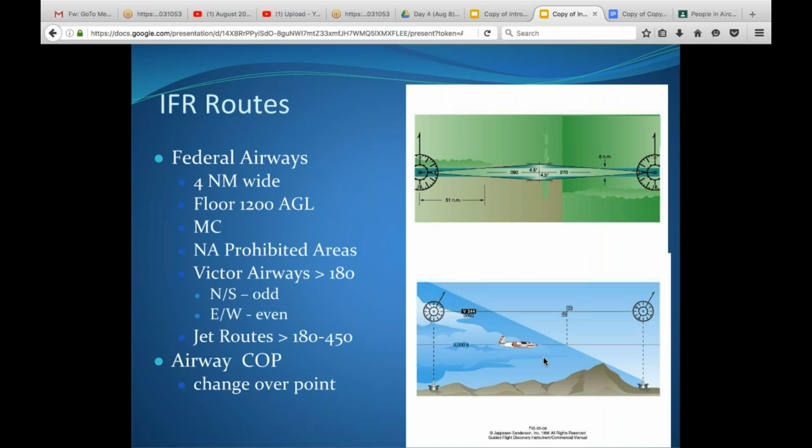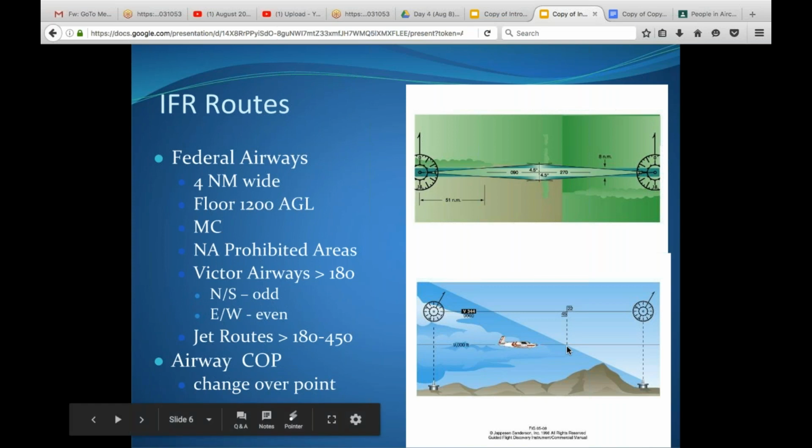As the airplane goes over the top of that mountain, that frequency is no longer reliable. So sometimes they'll put these changeover points in there to tell the pilot, hey, your signal is not going to be reliable from this VOR to this VOR the entire distance of that Victor airway.